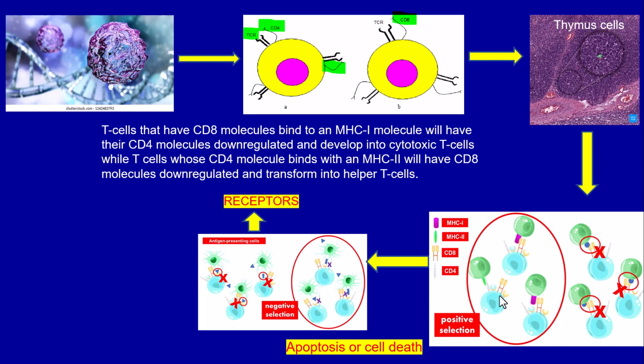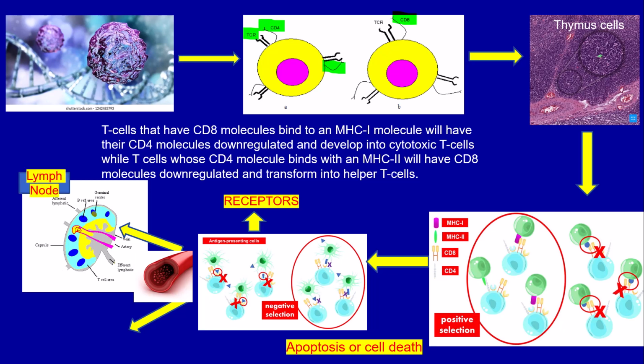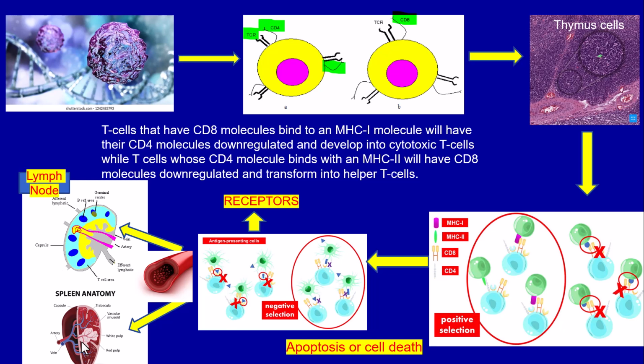Now when these cells are mature in the thymus, they are then released from the thymus to the circulation, and through circulation they are deposited either in the cortex of the lymph node or in the white pulp of the spleen, where they then perform their immune response when activated by the antigen in the body.